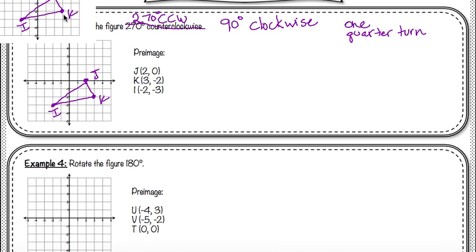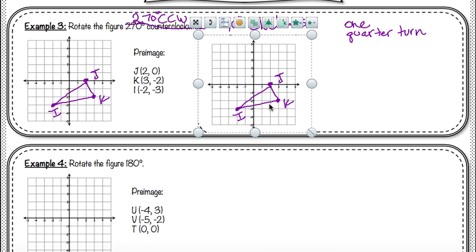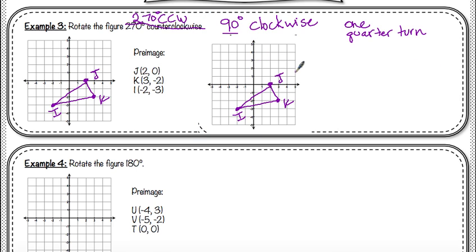I can pretend that this is a piece of paper, such as a piece of paper that you have in front of you. I can turn it 1/4 turn, 90 degrees in the clockwise direction. That means in that direction. Okay.